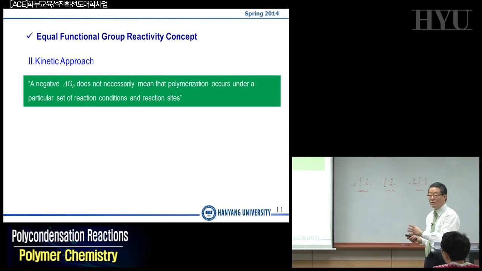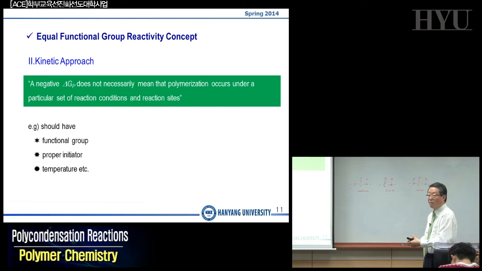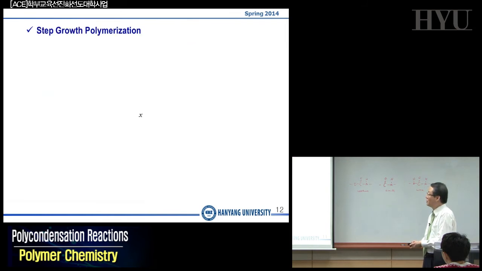That's the essential part of polymerization reactions anyway, but we have to have a functional group, or we have to have an initiator, and we have to have the right temperature. Those are very important for polymerization reactions, other than the negative Gibbs free energy change. So we will say more about this kinetic approach later on.